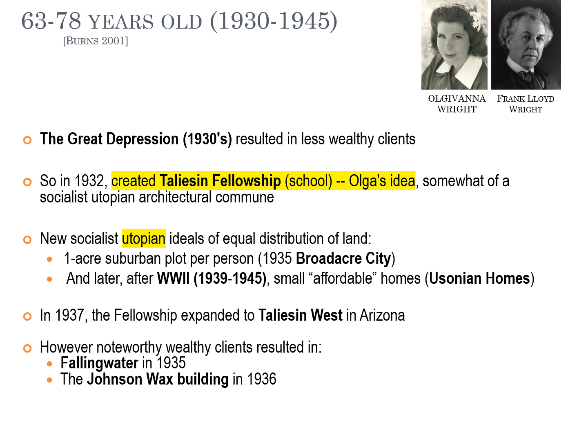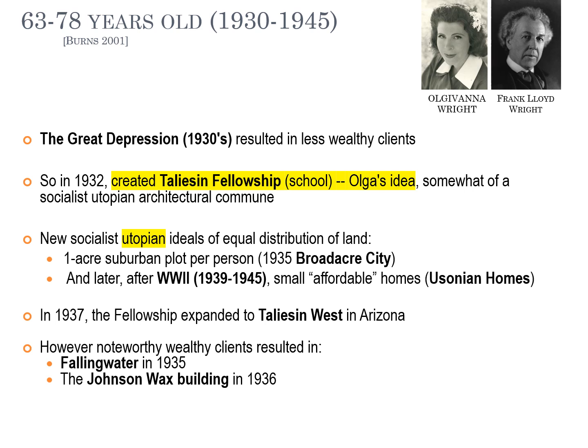New socialist ideas, presumably Olga's may be affecting that also, with Broadacre City, 1 acre plot per person in a somewhat uniform kind of city plan. And later, after World War II, small affordable homes, Usonian homes.